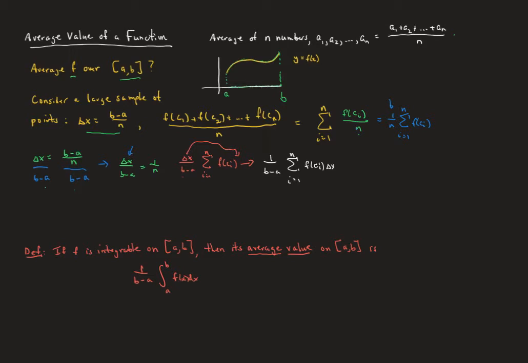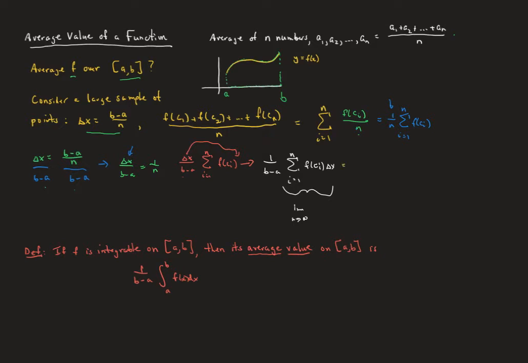Well, now we have successfully maneuvered this so that what we're looking at here is our classic representation of a Riemann sum, which we know, if we take the limit as n goes to infinity. So if we now introduce the idea of letting n go to infinity, then this summation becomes the definite integral.